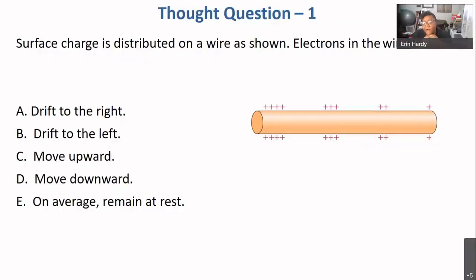But even if all the electrons are moving in the same direction, if they are on average at rest with respect to one another, that doesn't negate the fact that the sea of electrons is shifting as a whole. So there will be a current on the inside of this wire.